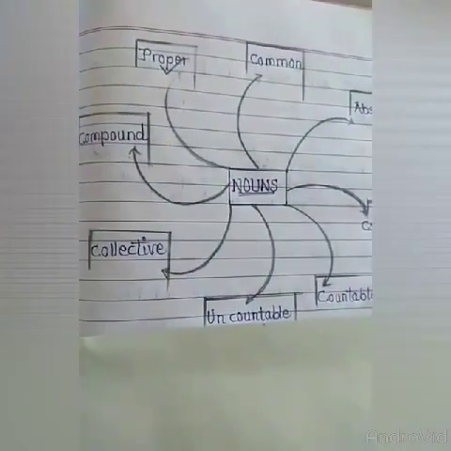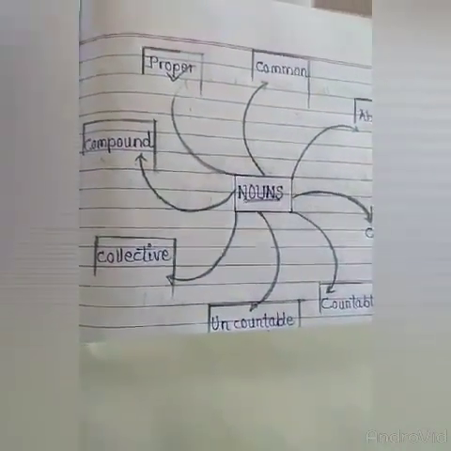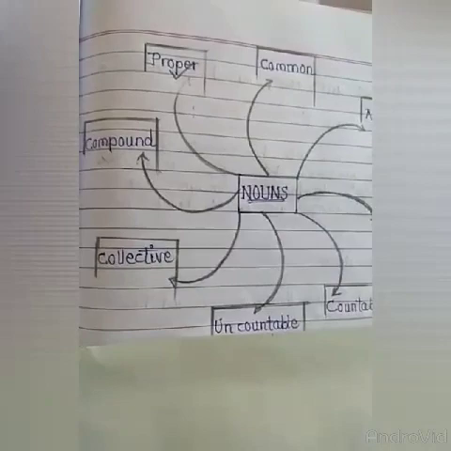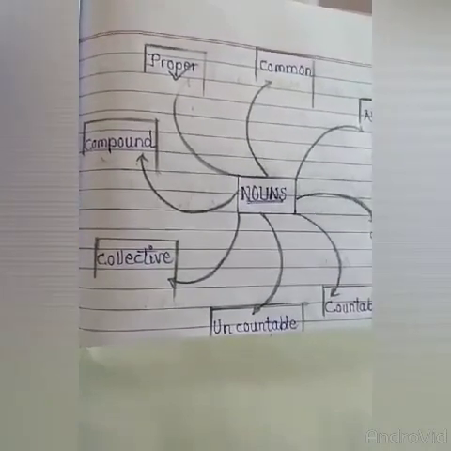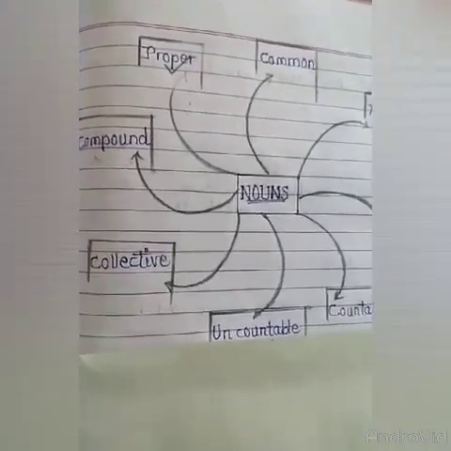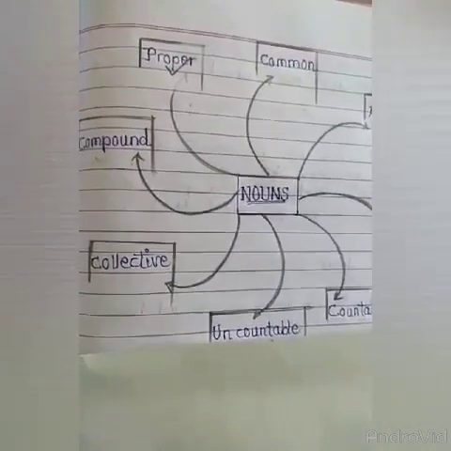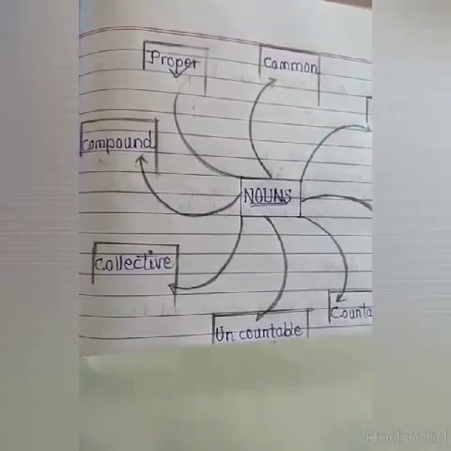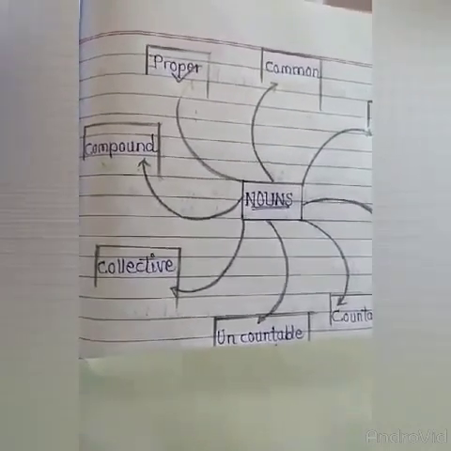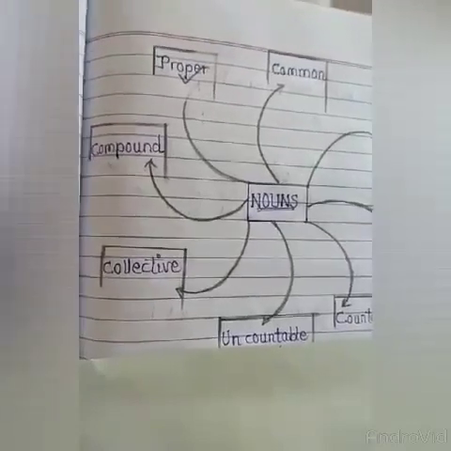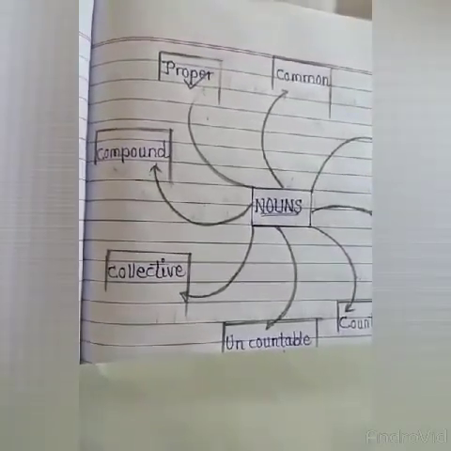A proper noun is a name which refers only to a single person, place or thing, and there is no common name for it. In written English, a proper noun always begins with a capital letter. For example, Bharuch.